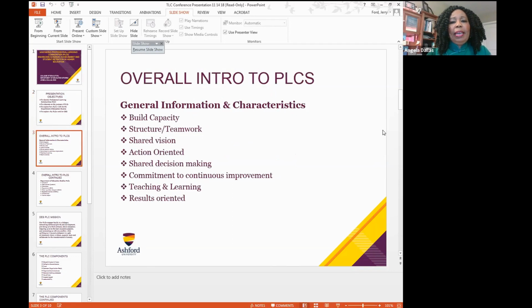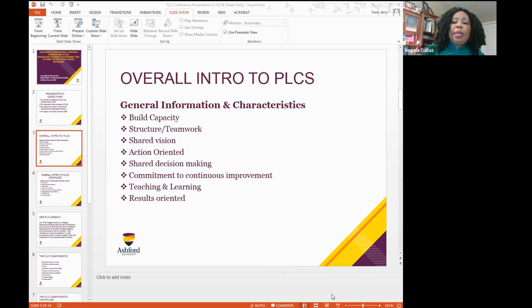Our overall PLCs, just general information and characteristics for PLCs, they are used to build capacity for structured teamwork with a shared vision. It is action-oriented, shared decision-making, commitment to continuous improvement, teaching and learning, and results-oriented.